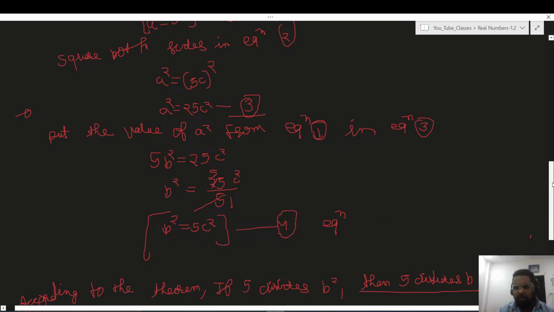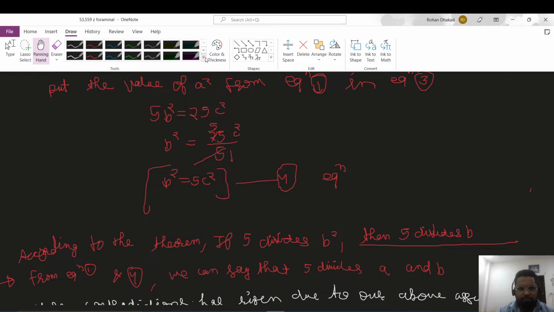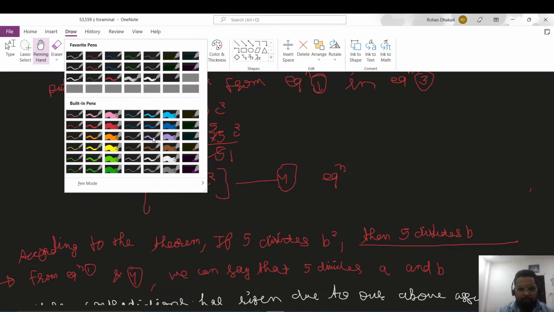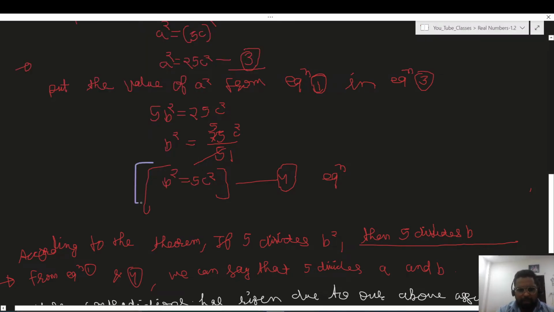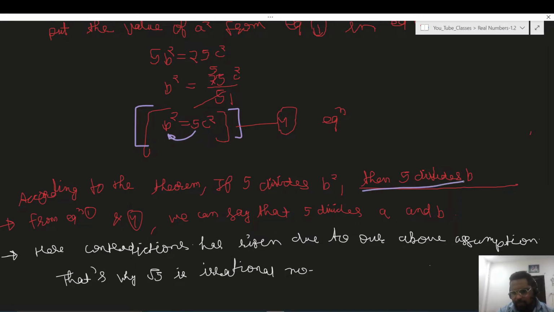So according to the theorem, we will apply the theorem again, the same theorem. Here what this theorem is saying is that if 5 divides b square, then 5 also divides b.